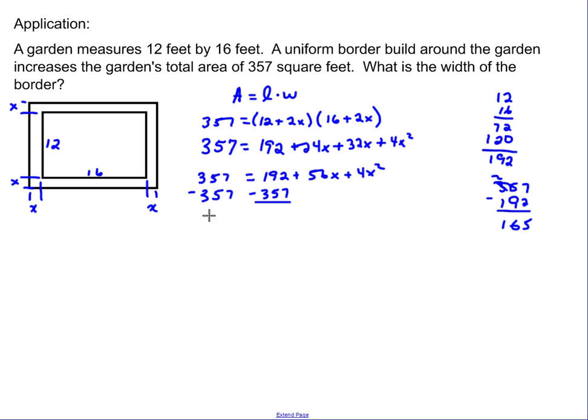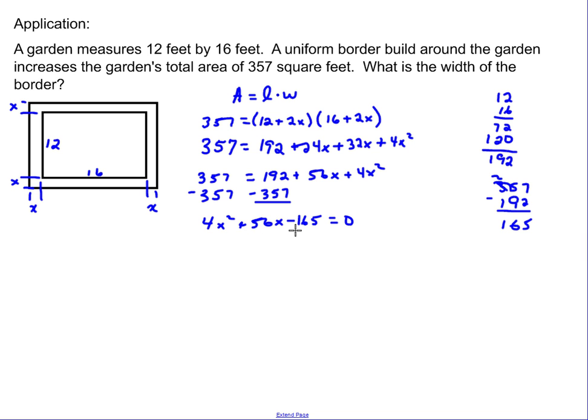So we're going to have 4x squared from our first term plus 56x from our second term, minus 165 equals 0.